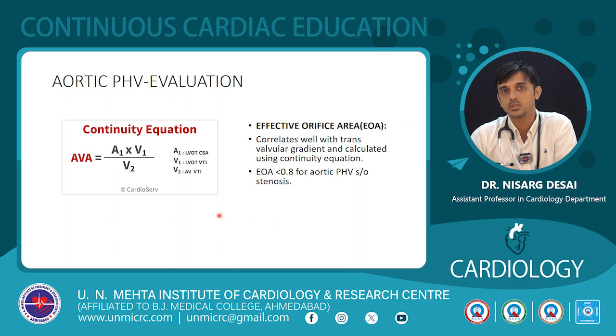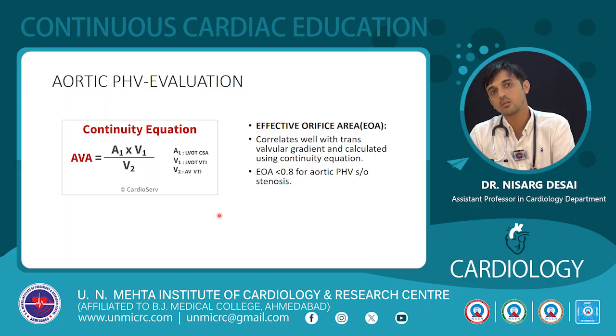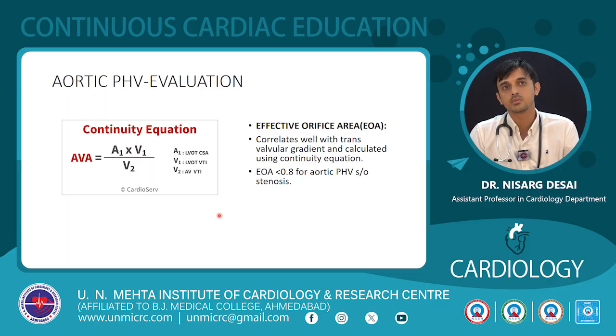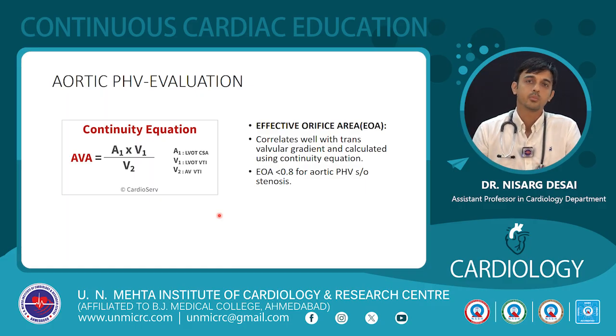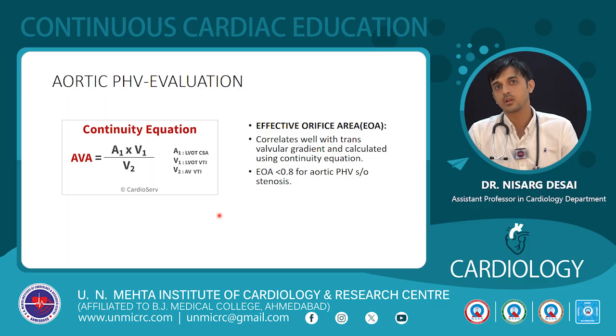We are well familiar with this. So this correlates with the gradient, but again the gradient is dependent on many other factors like LV dysfunction, high outflow state. So these entire 6 parameters have to be taken into consideration with clinical information. Then only can we comment whether the patient has got a significant PHVT or not.